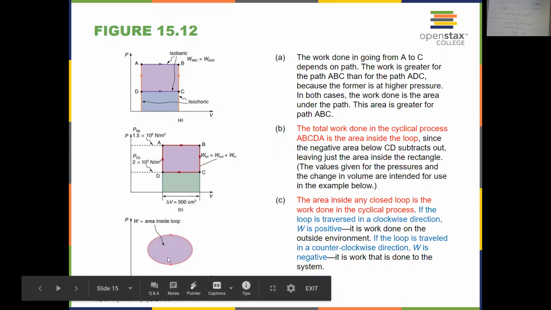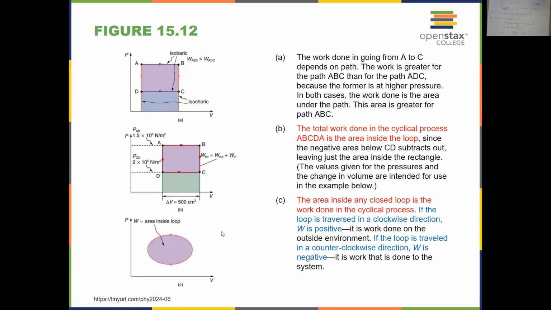So you might have a cyclic process like this, which goes back to the initial starting point. In this case, the area enclosed by the process is also equal to the work done by the system to the outside surrounding. So from the PV diagram, that's how you can figure out the work done by the system to the surrounding.